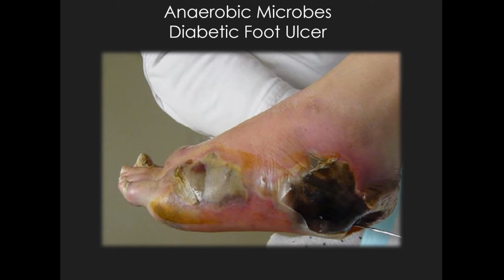They have poor circulation into those tissues. The anaerobic tissues, because they have poor circulation, don't have a lot of immune system interaction. They also tend to have neuropathy, so they can't feel their feet. They don't know that they have that infection, and that infection can very, very quickly get out of control because of that very rapidly reproducing anaerobic microorganism.